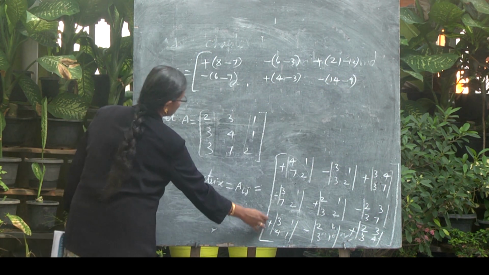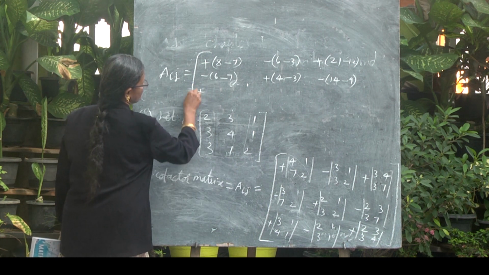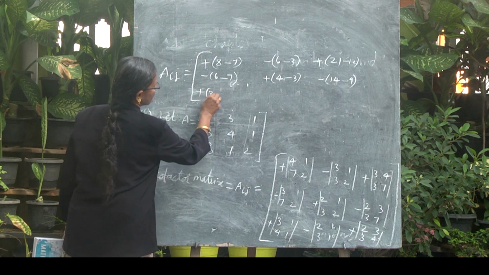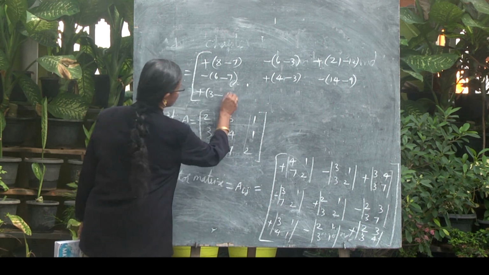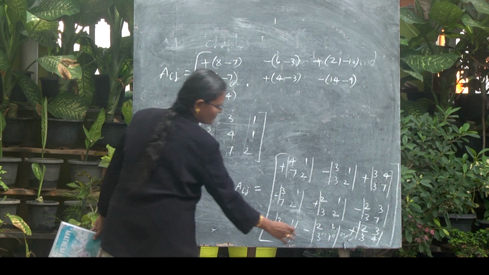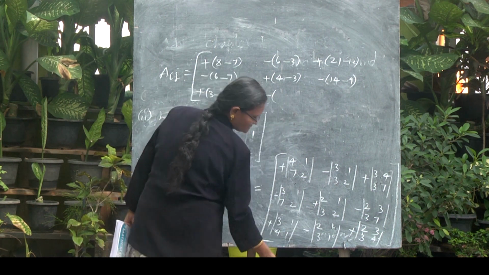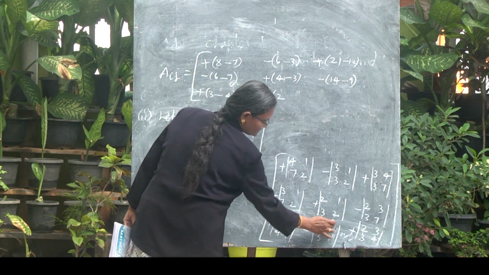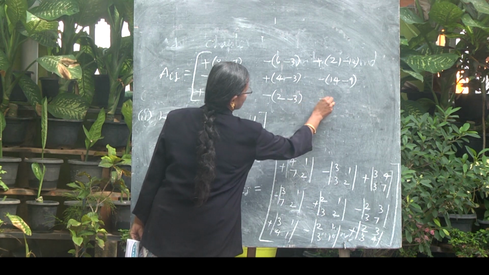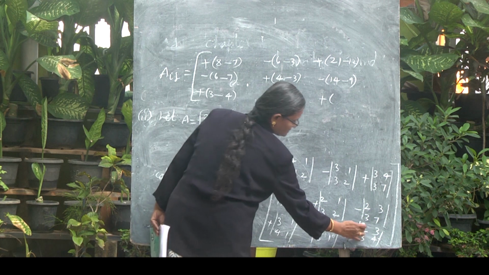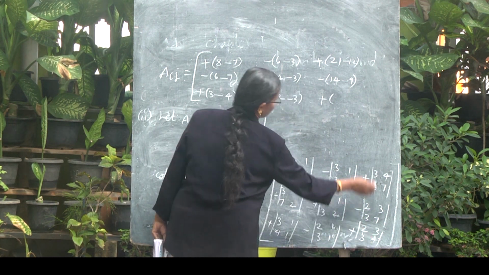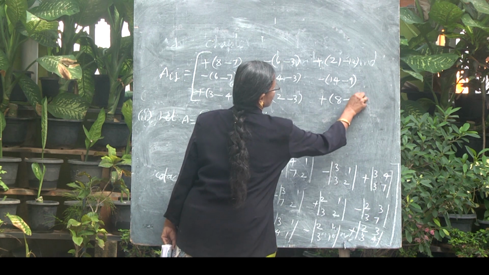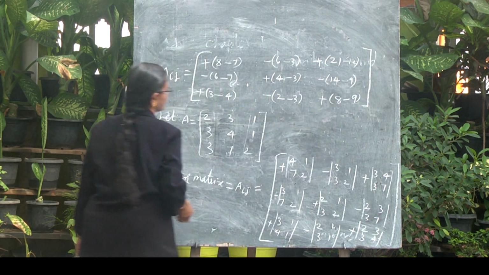In the third row, plus of the product of the leading diagonal elements, 3, then minus 4 into 1, 4. Next one, minus of the product of the main diagonal elements, 2 into 1, 2, minus 3 into 1, minus 3. Next, plus of the product of the leading diagonal elements, 4 twos are 8, minus 3 into 3, 9, covered within the square bracket.